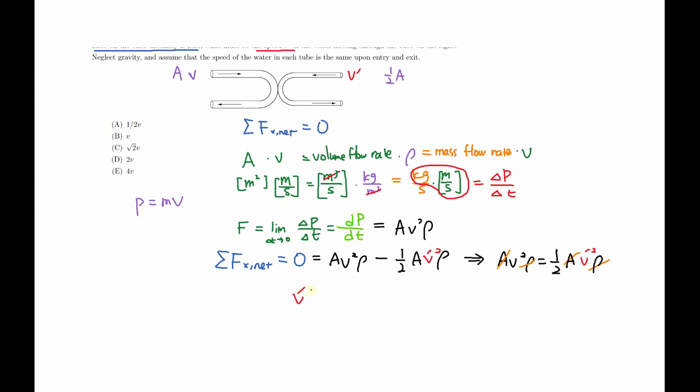So v prime squared equals, don't forget 1/2 in front, v squared here, and when you multiply both sides by 2, we get v prime squared equals 2v squared.